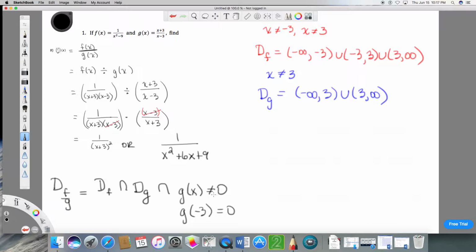Well, I can't allow that to happen. So I have to throw out -3 from the domain. But if we look at f and g, -3 is already thrown out. So it turns out that it's the same answer as our answer for part A, and that was all real numbers excluding -3 and +3.